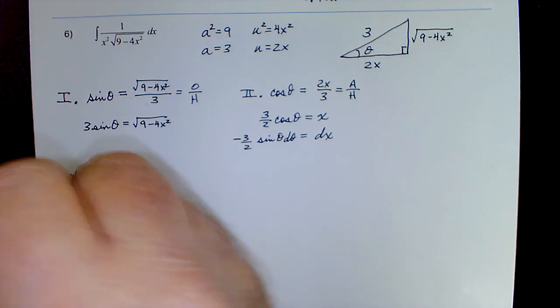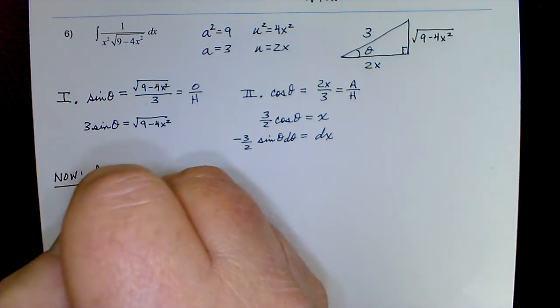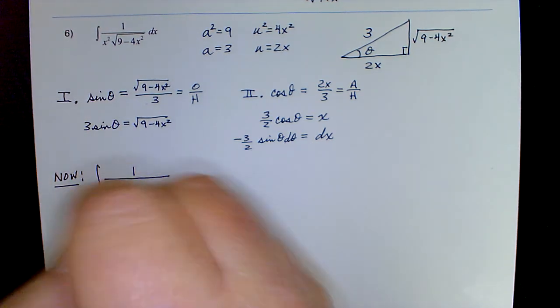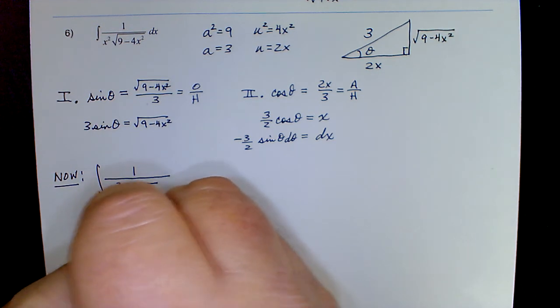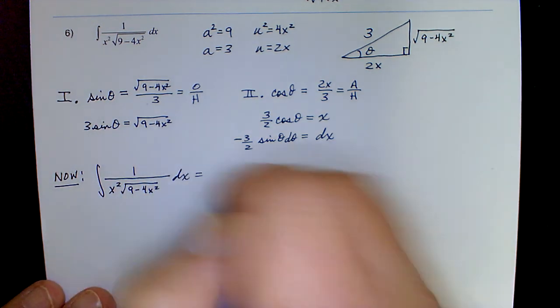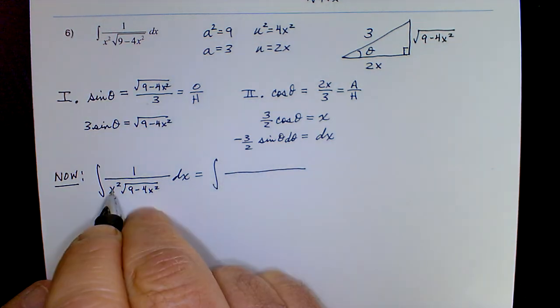Okay, so now we're ready for complete trigonometric substitution. We have 1 over x squared, the radical part, and the differential. So x squared.